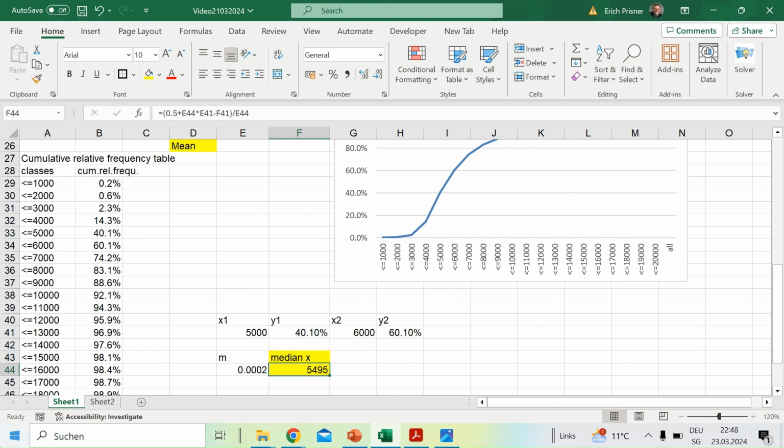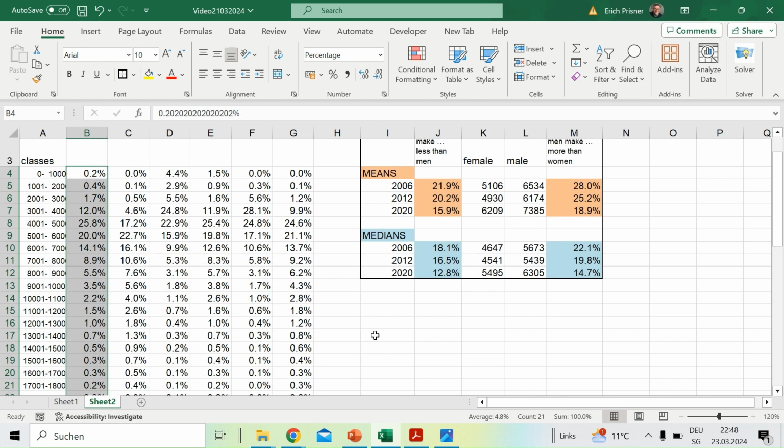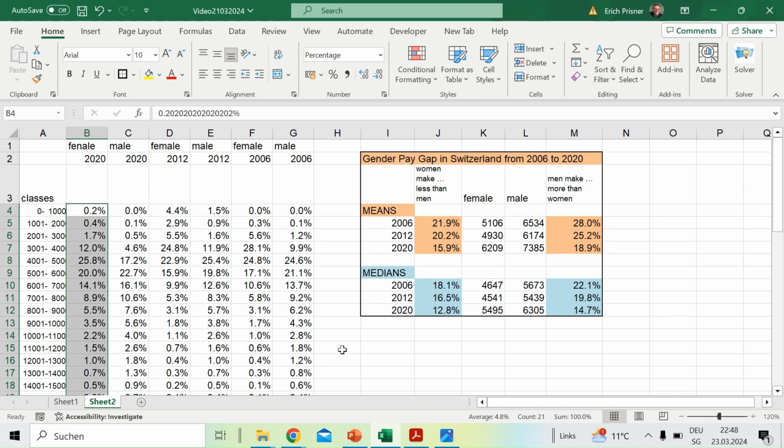All right, let me wrap it up by looking at the gender pay gap. And remember, in part 2, we calculated the gender pay gap for mean. So this is this part. So I filled now everything out and colored it a little. So here, what you see is these are the means for the female full-time employees in 2006, 2012, and 2020.